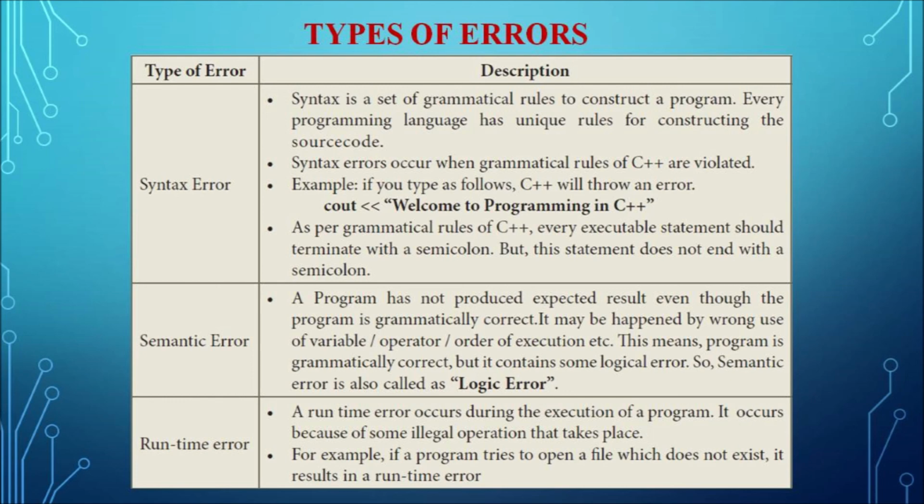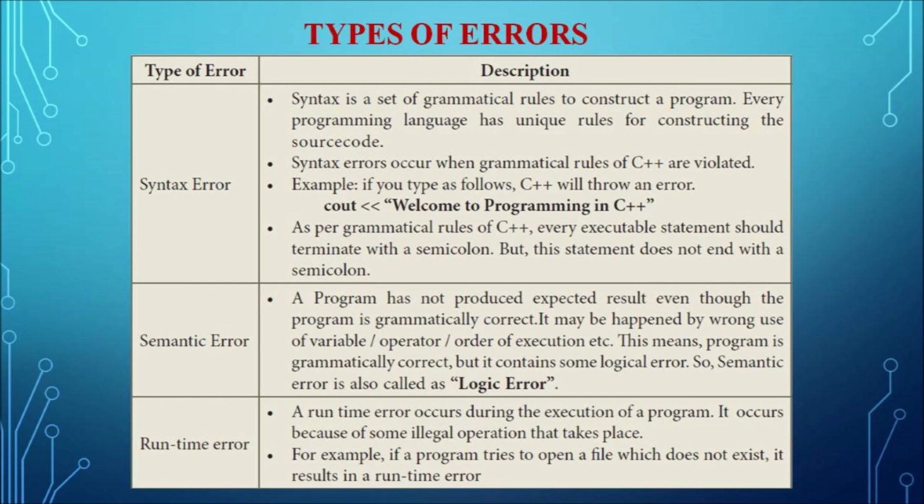It may produce wrong output because of the wrong use of a variable, an operator, or operator precedence. So the program is grammatically correct, but it contains some logical error. A semantic error can also be called a logic error.